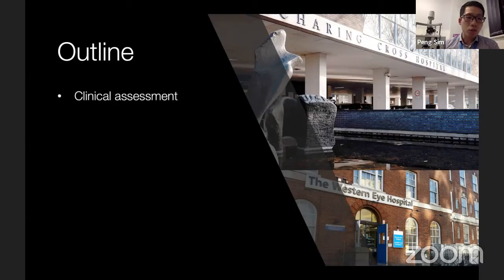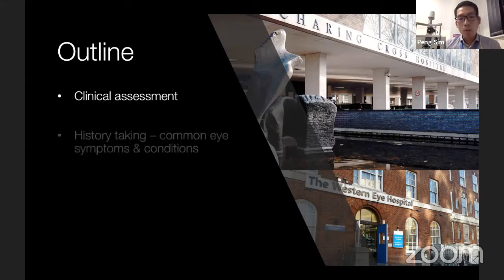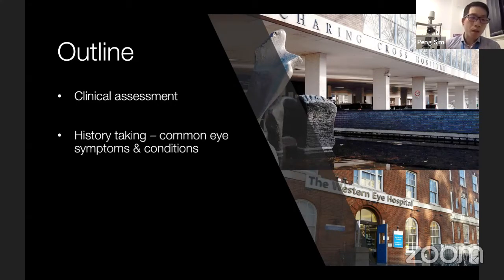So just to give you an outline of the talk today. We'll first go through some basic clinical assessment of vision and also the external eye. We will then go through some common eye symptoms and conditions, and I will be doing this by taking you through a few validated diagnostic algorithms, which you should hopefully find helpful.